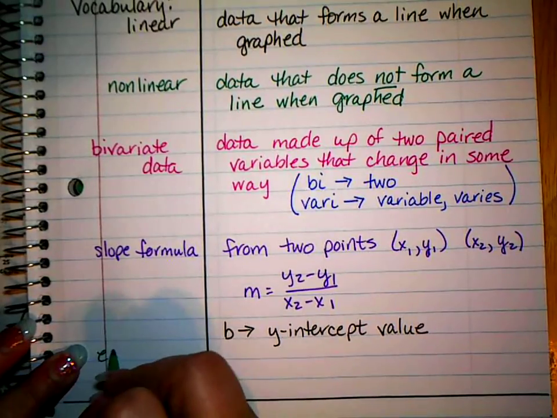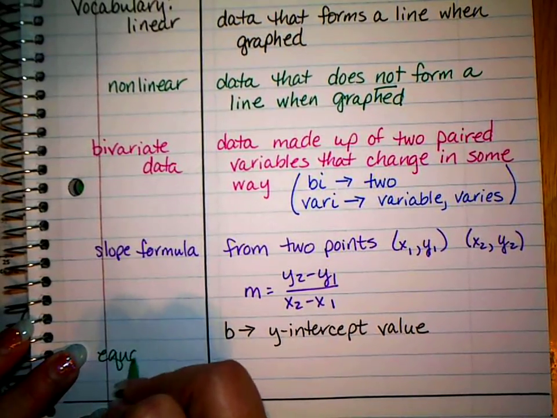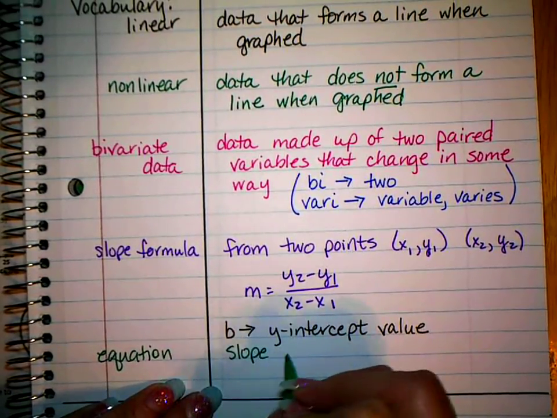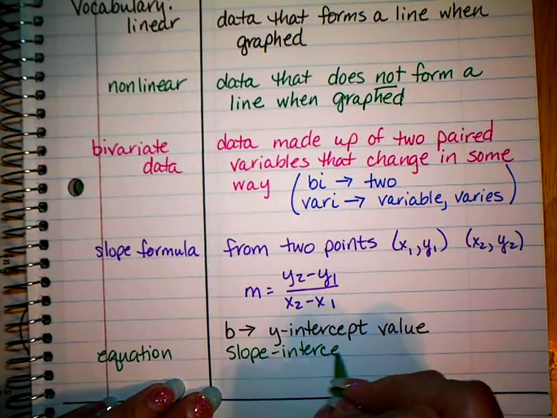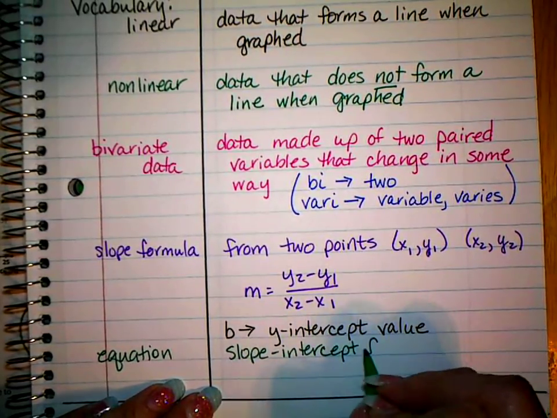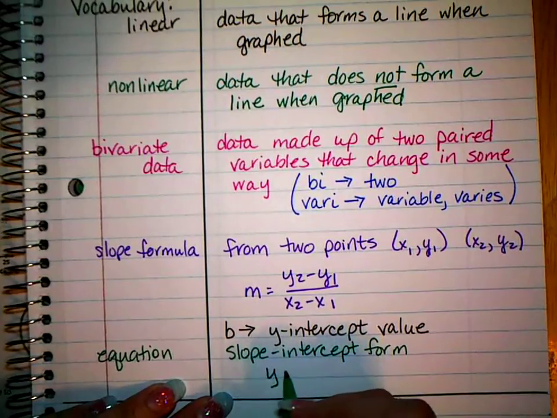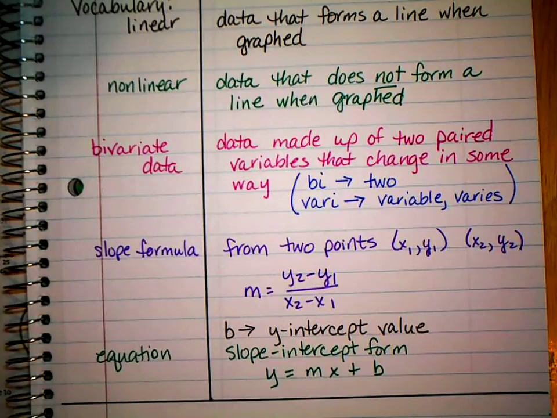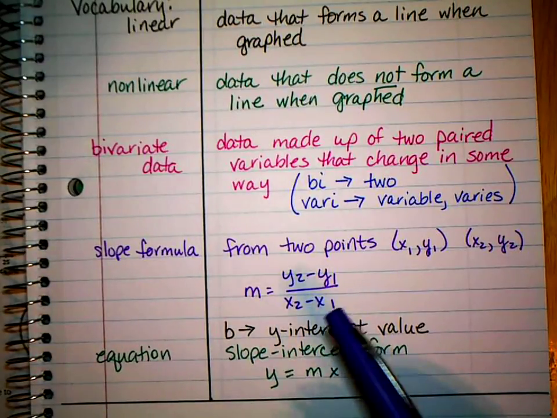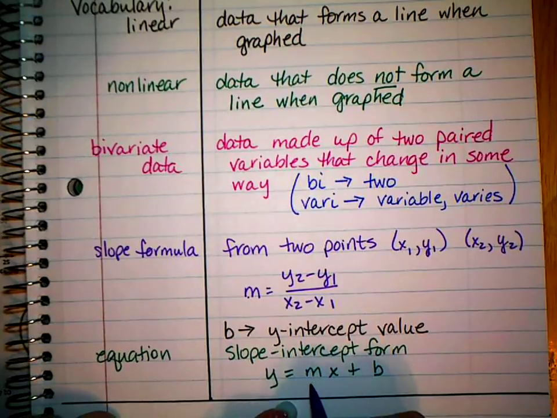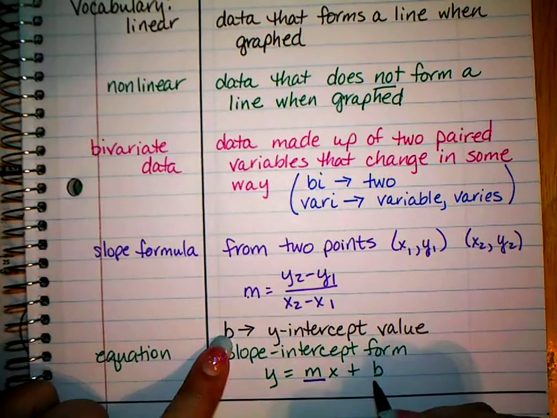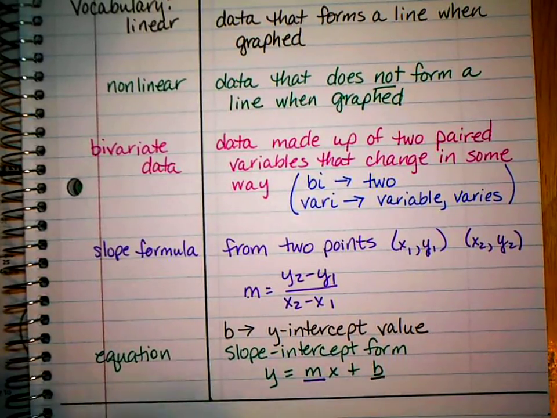And our equation that we are using is the slope-intercept form of y equals mx plus b. Notice we are using the same variables that mean the same thing. M is our slope, that is your coefficient of x. B is your y-intercept value.